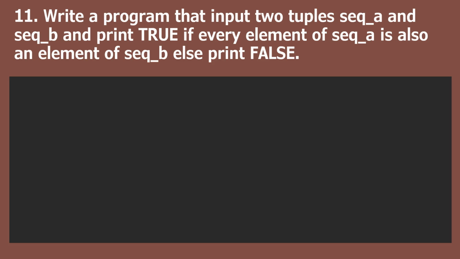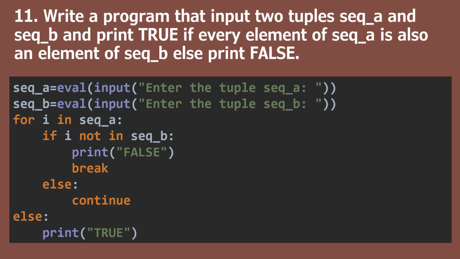Now write a program that inputs two tuples, sequence_A and sequence_B, and prints True if every element of sequence_A is also an element of sequence_B, else prints False. So here we'll take two tuples, sequence A and sequence B, and we will check for i in sequence A. If i not in sequence B, then it has to just print False and break the loop there.